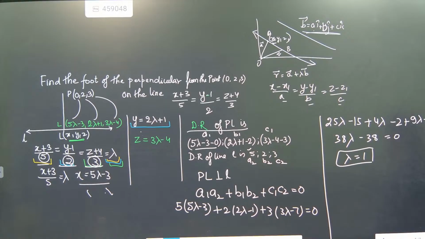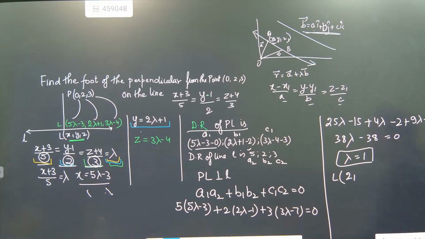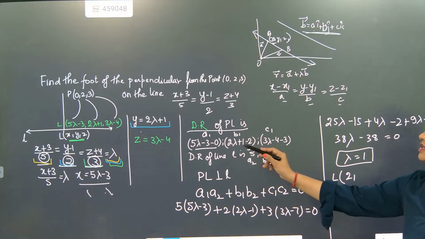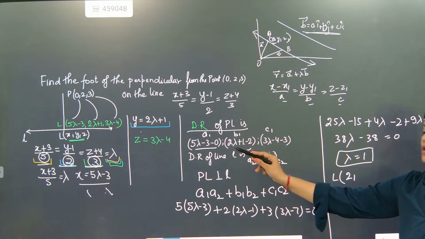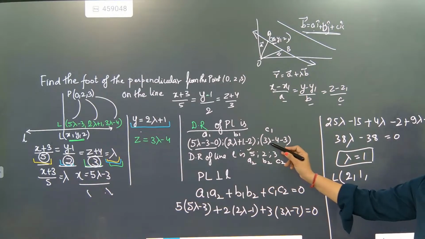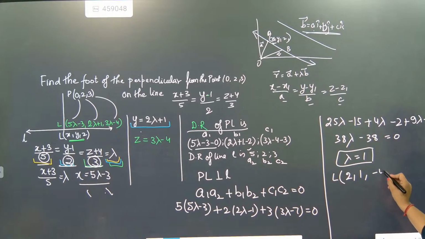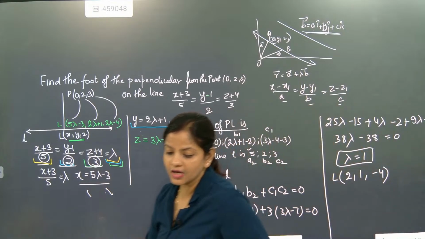Once you got lambda equal to 1, the foot of the perpendicular on L is 5 into 1 minus 3, which is 2, and then lambda here is 1, so 1 minus 1 will become, check here, it is 2. Lambda is 1 now, 2 minus 1 will become 1, and then here lambda is 1, so the answer is coming as minus 3. So the foot of the perpendicular is 2, 1 and minus 4.